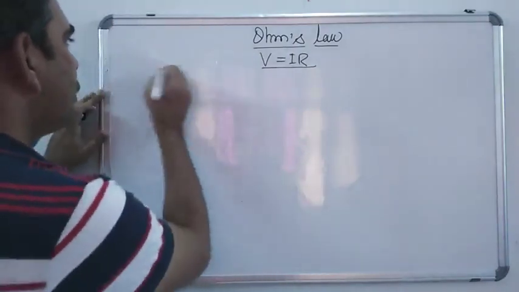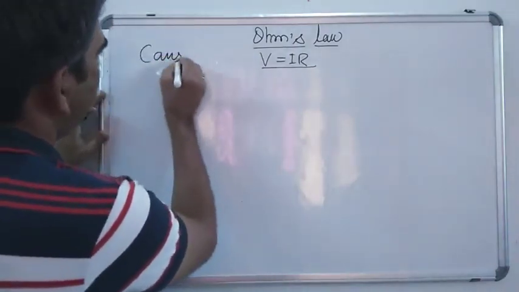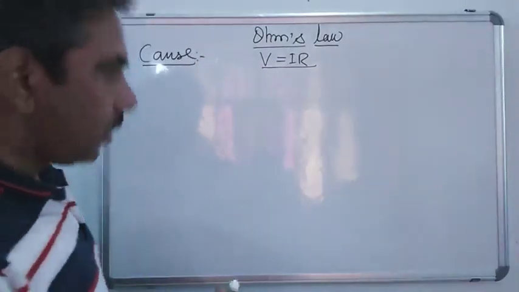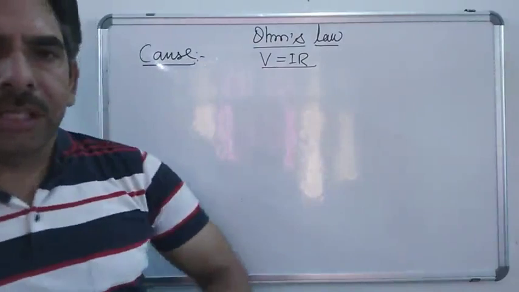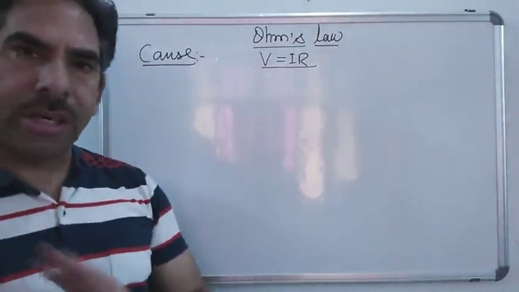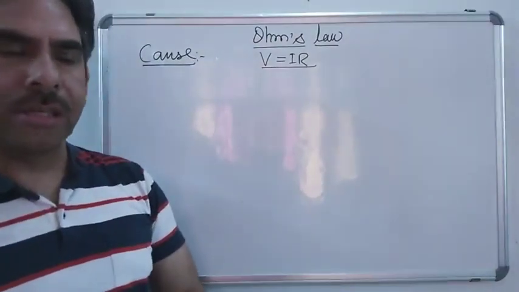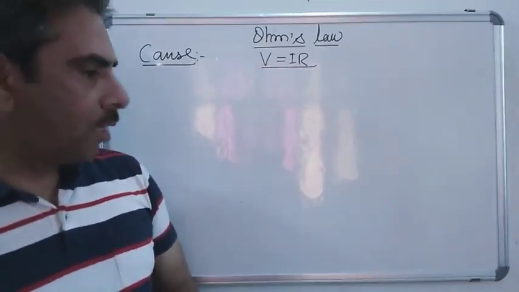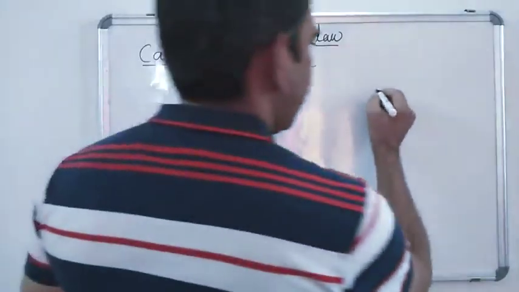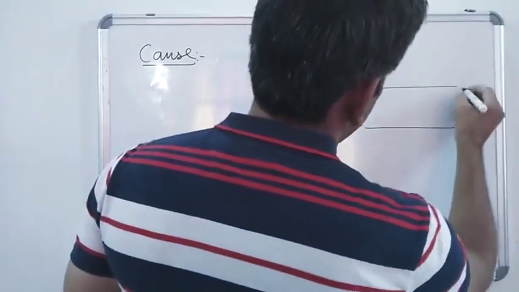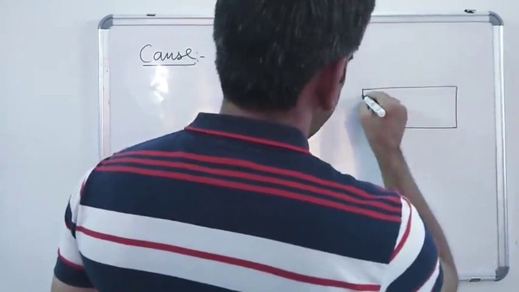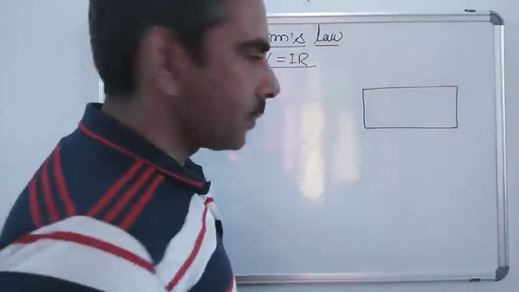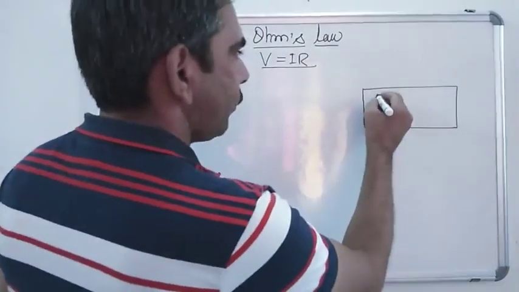Okay. So what is the cause of resistance? Why does any kind of material have resistance? Different conductors, different kinds of material have different resistances. So why does a material have resistance? Why does it oppose the current? Let us take this example of some conductor, and we already know that in case of conducting substances or conductors, which are mostly the metallic conductors, the current is carried by the free electrons.